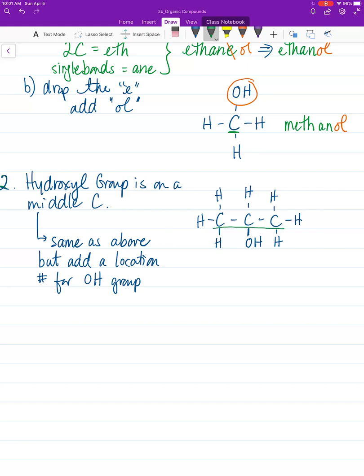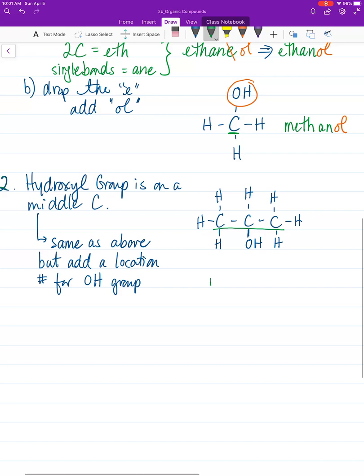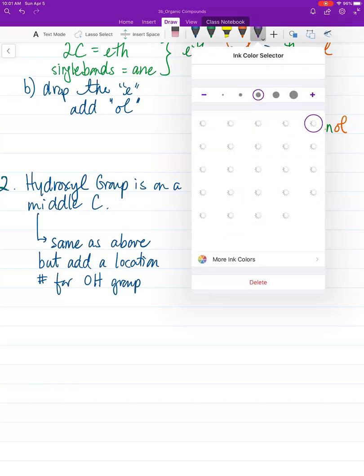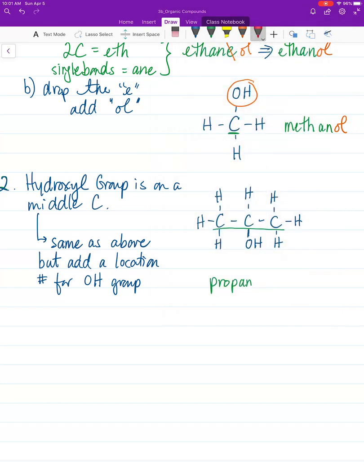Okay, so again, we've got 3 carbons, so 3 is prop. Single bonds, propane. We are now going to number our carbons. So I'm going to start here and go left to right: 1, 2, and 3.